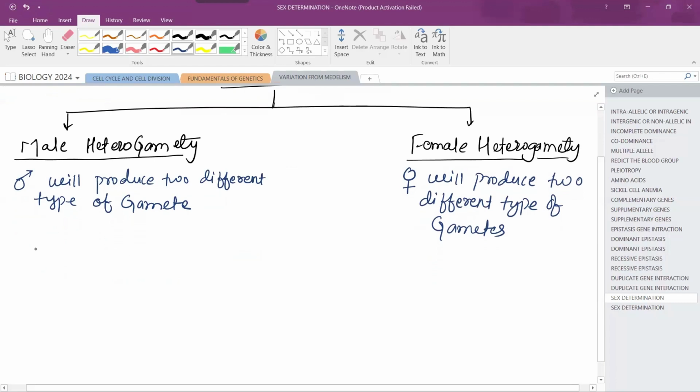Have you ever heard about grasshopper? Yes. Okay, so this is the example of human, and this is the example of grasshopper.